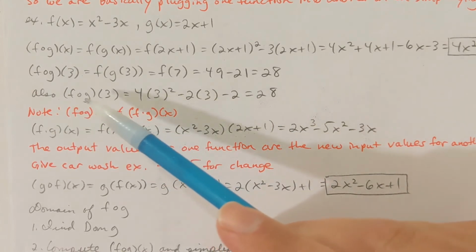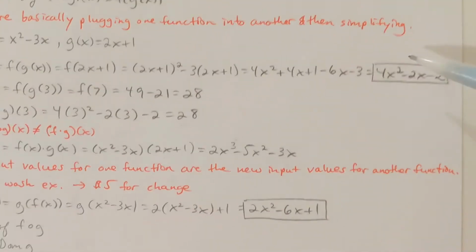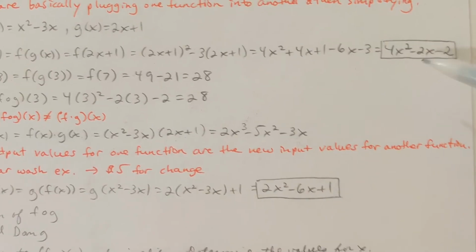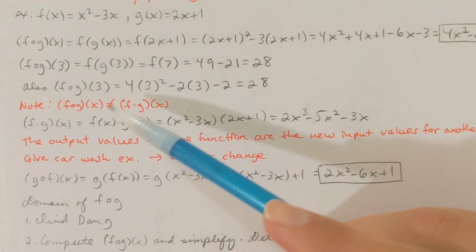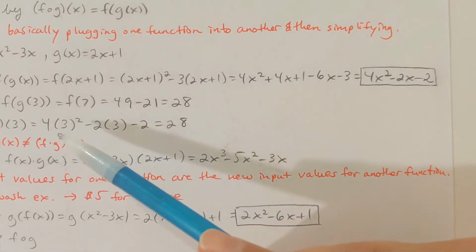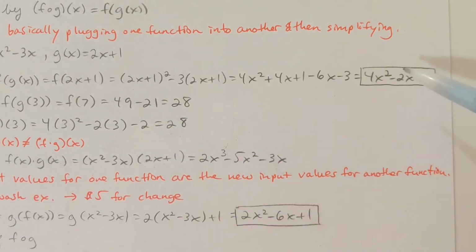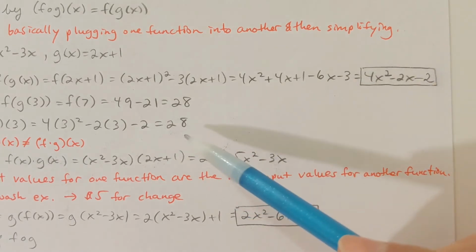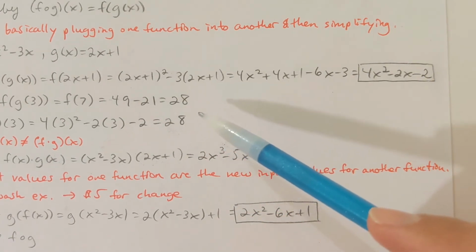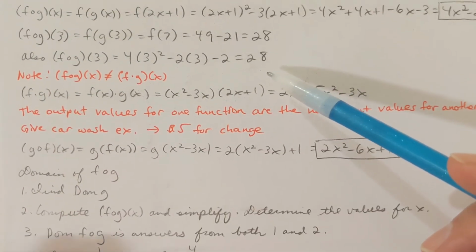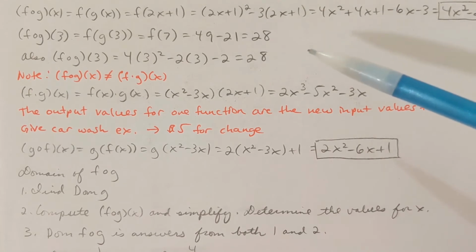Now also I can plug 3 directly into the function that I've computed here. F compose g of 3 is 4 times 3 squared, which is 9 times 4 is 36, minus 2 times 3 is 6, minus 6 is 30, minus 2 is 28. So I get 28 for each one, no matter how I'm doing it.